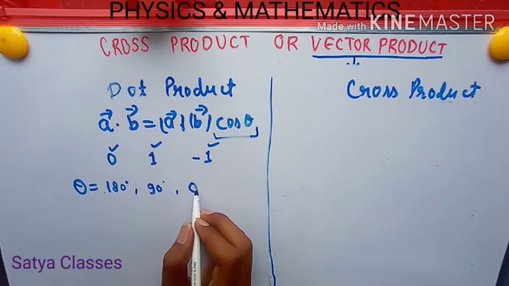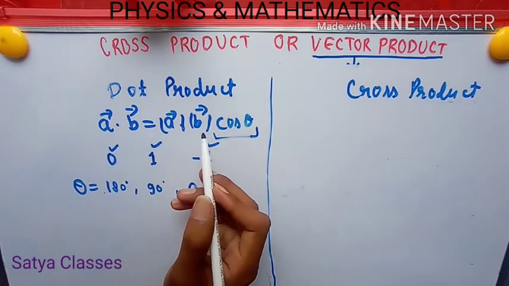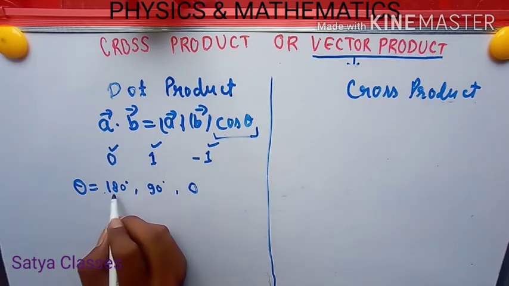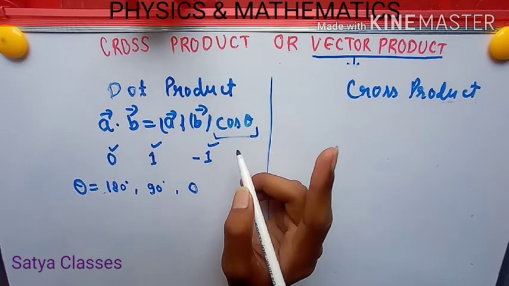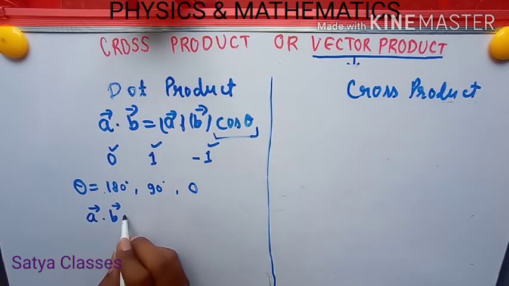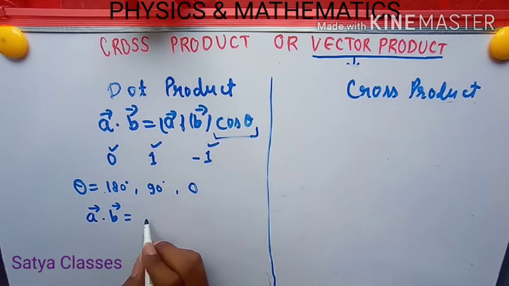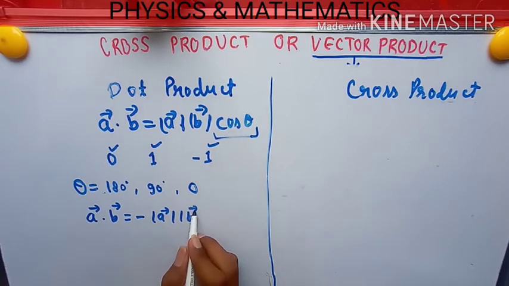And according to the rule I will write A dot B. So look, when you put theta equal to 180 degrees, cos 180 degrees gives you -1. Okay, so the dot product becomes A dot B is equal to minus of mod A mod B.